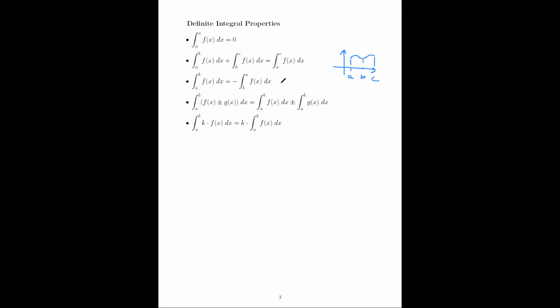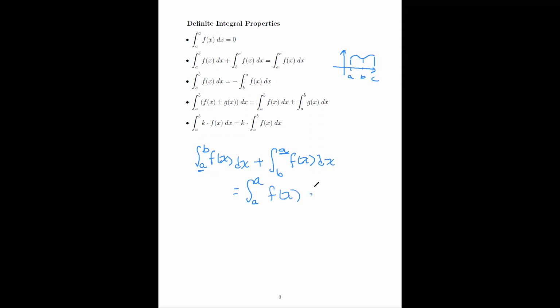This third property is so that the first 2 will still work, basically. So if we think about this as, let's say we've got the integral from a to b of f of x dx, and let's add on to that the integral from b to a of f of x dx, then our second property says that this should be the same thing as the integral from a to a, because those are our 2 outer endpoints.